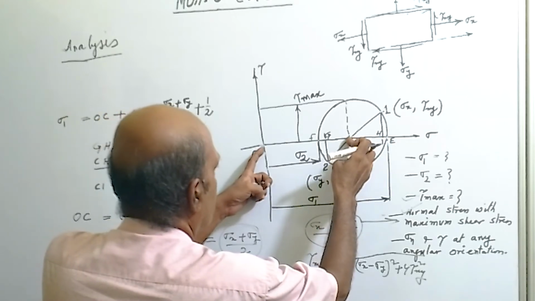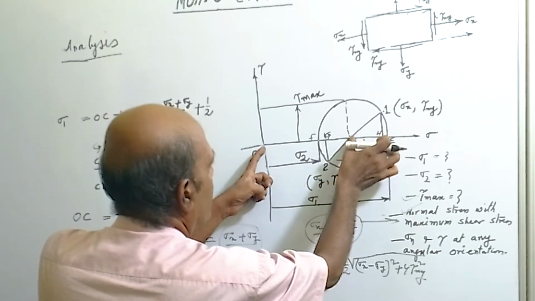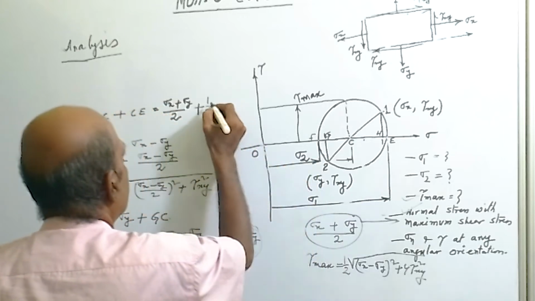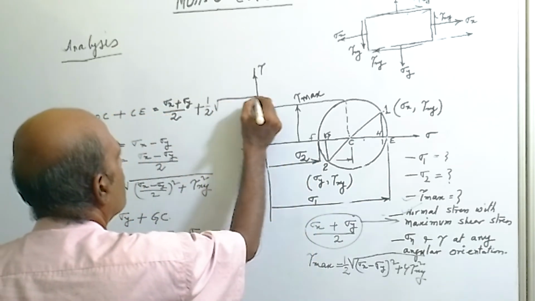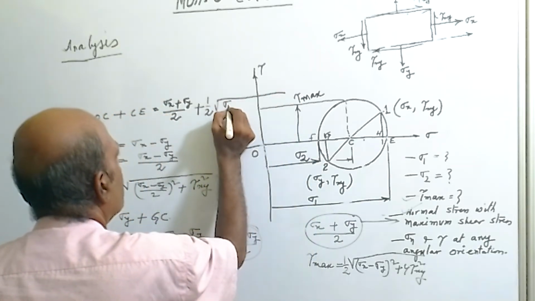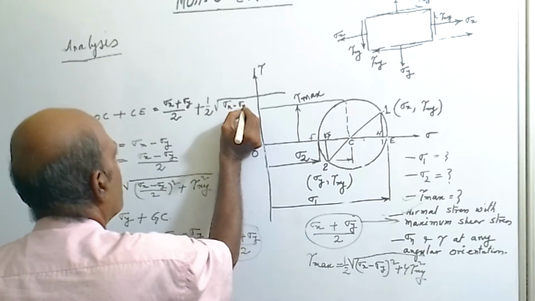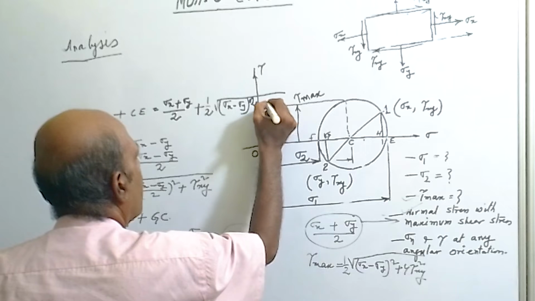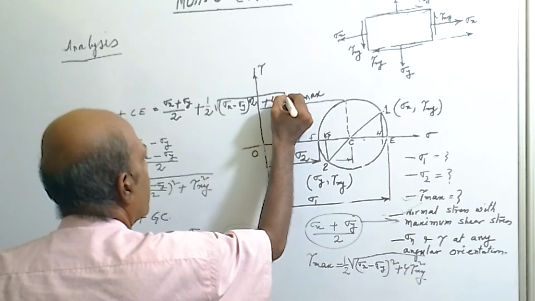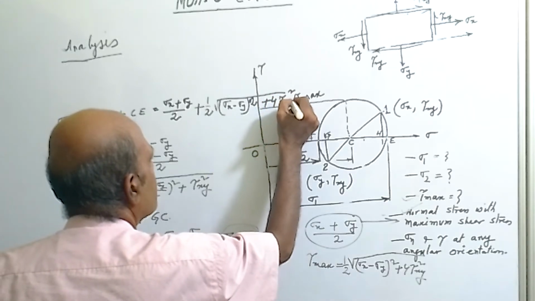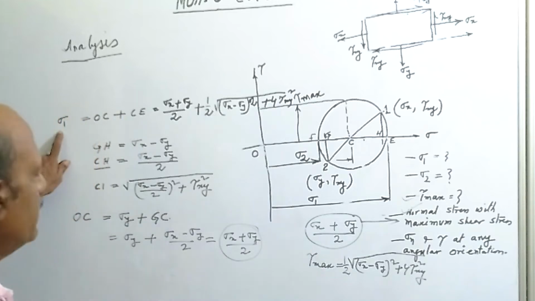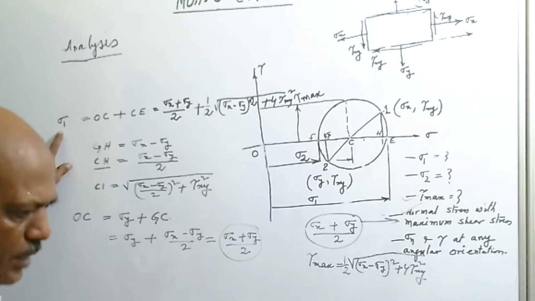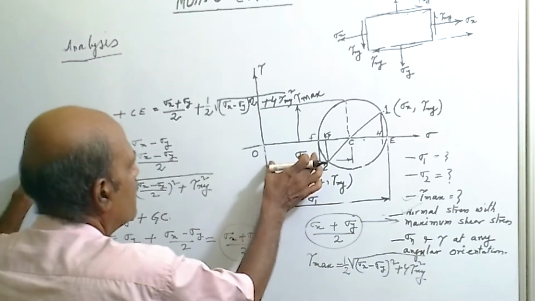So this one is sigma x plus sigma y by 2, and this one is the radius of the Mohr circle, which is half root over of sigma x minus sigma y whole square plus 4 tau square xy. So this is the sigma 1 value.